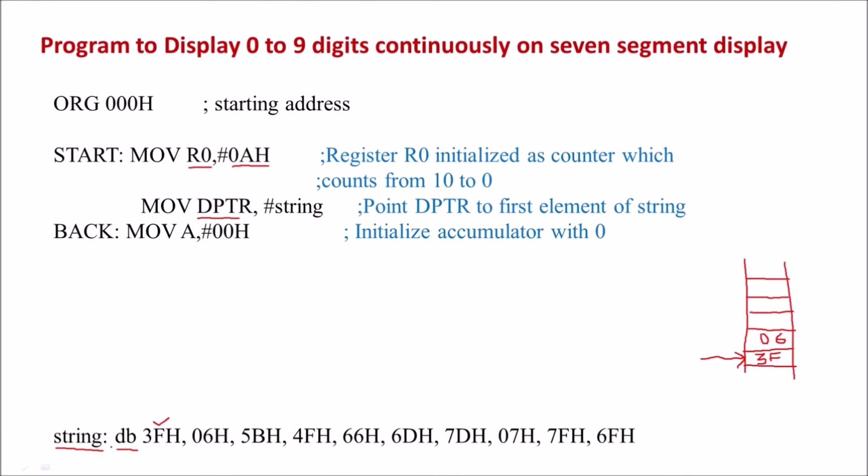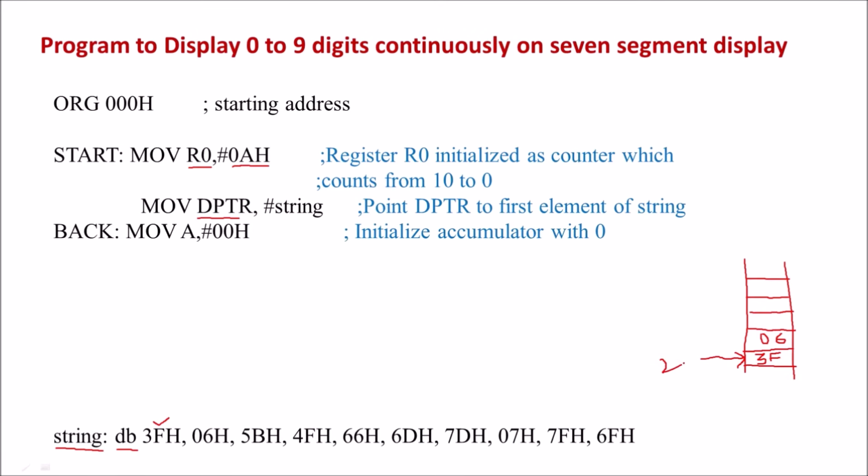This instruction we are going to write in program memory only. So this is part of program memory, and we are reading a ROM memory. To read data from ROM memory, we are using the DPTR register here. When you use this type of instruction, DPTR comma hash string, then the address of this location is stored.